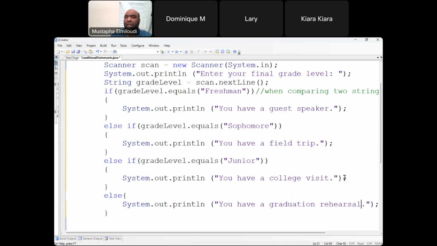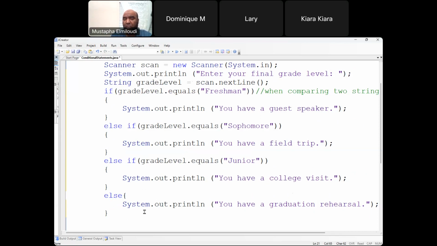So every time you have multiple outputs, multiple outcomes, then you may think of using this if, else if, else if, and then you keep repeating else if depending on how many you have. What about if you have 5 options, 6 options, or more? And then you may have else, you may not. You don't have to have else.